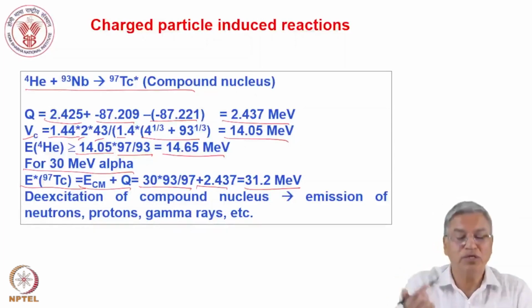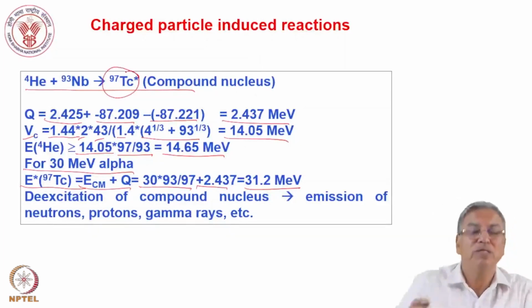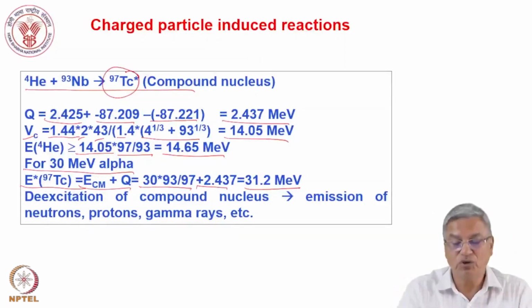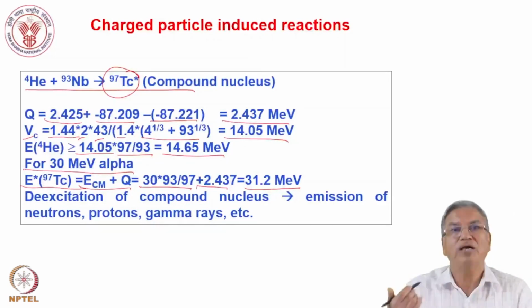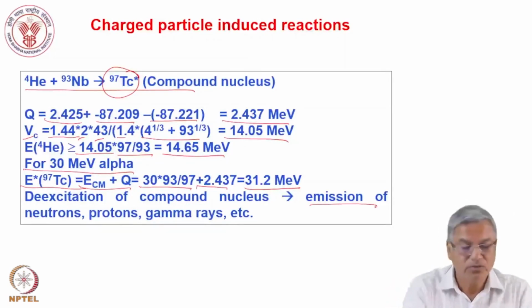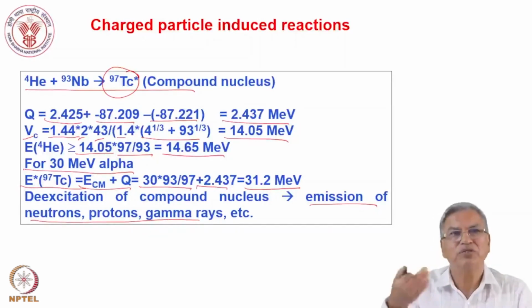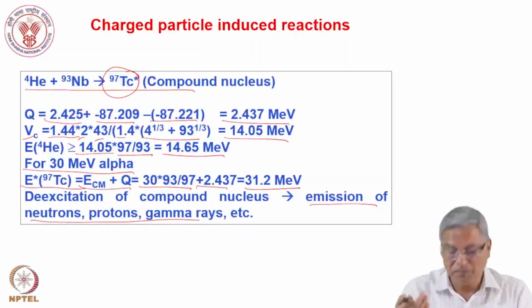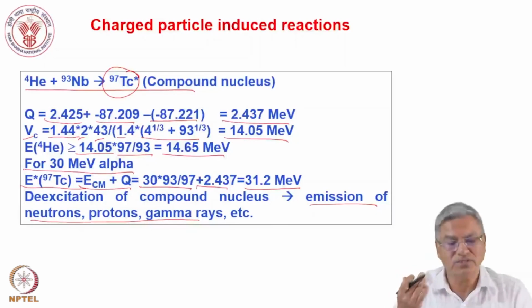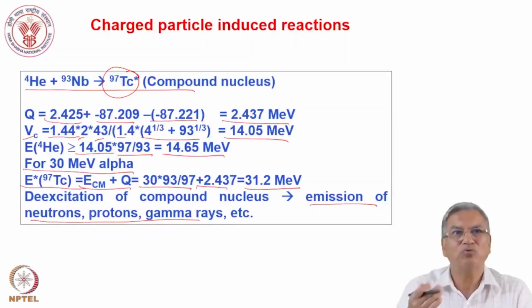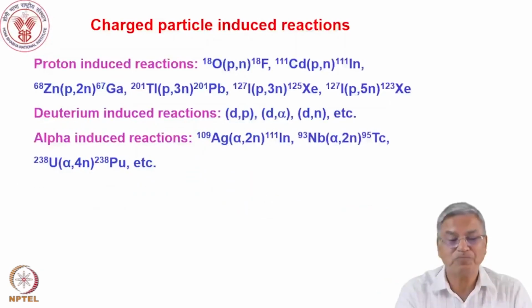So the compound nucleus technetium-97 will be formed with this excitation energy, and then this excited compound nucleus can emit neutrons, protons, gamma rays, depending upon the emission barriers and the angular momentum states available. So in charged particle induced reactions, a hot excited compound nucleus can emit gamma ray, neutron, proton. There is a competition between emission of different types of particles.